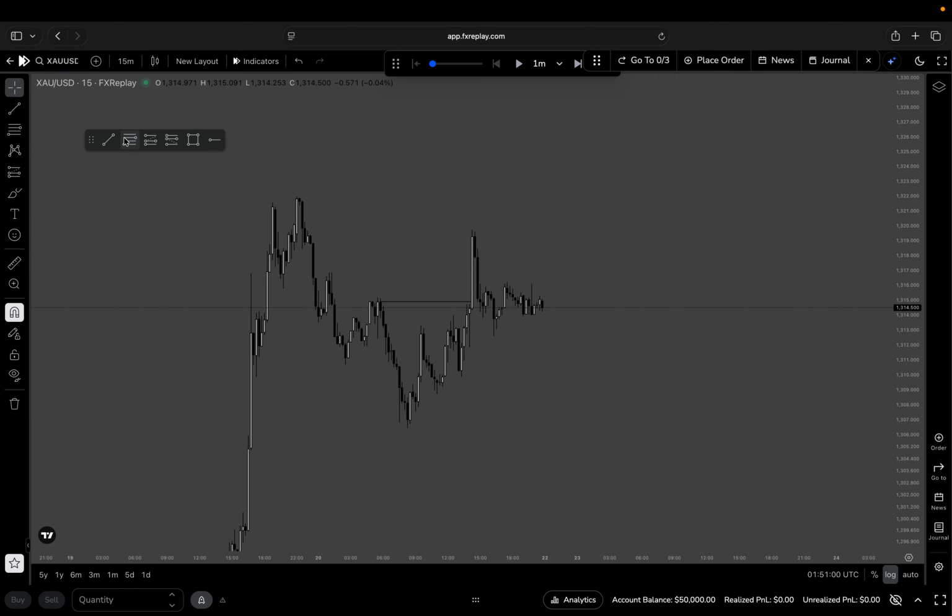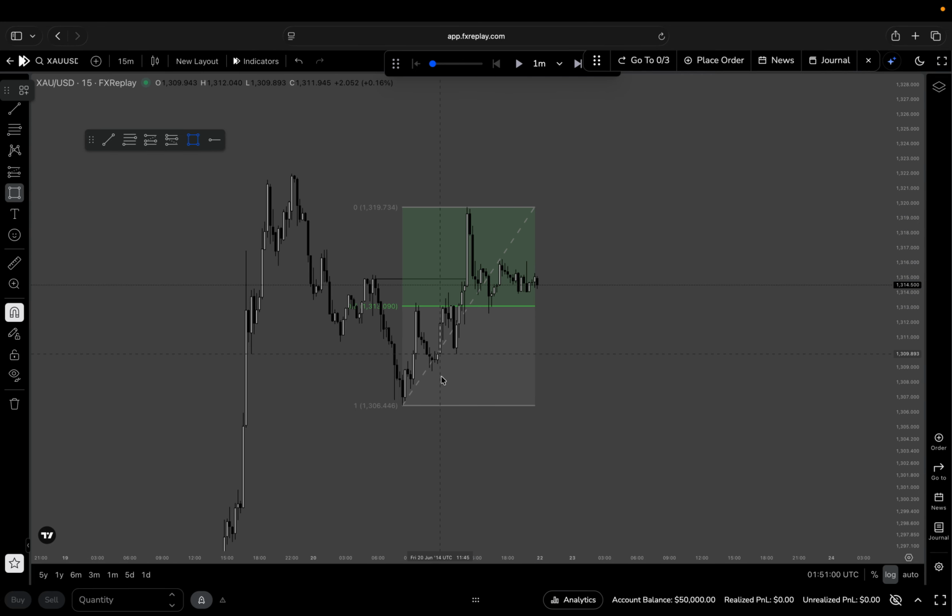And what can we see with equilibrium? We filled equilibrium, but not at an order block. So let's see if we end up getting that. We have these ones, this one, and our last one being this one here. So let's see how we go.